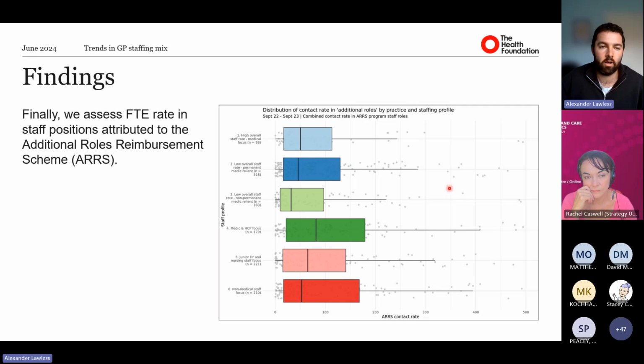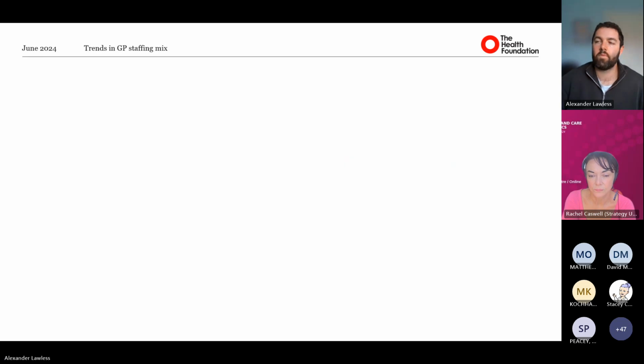Each profile shows evidence of very high utilisation rates for additional roles and also very low, which is indicative. These two profiles, for example, that have a reliance on medical staff and below average levels of broader healthcare professionals, some of them still do achieve very high levels of additional role utilisation.